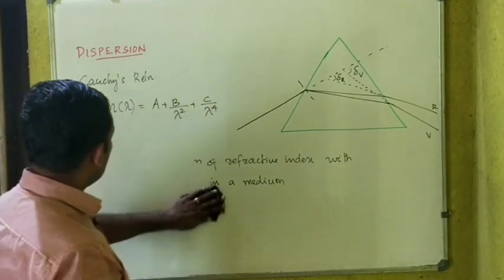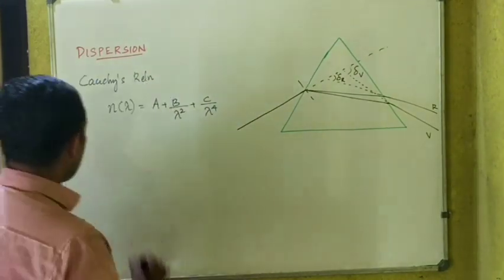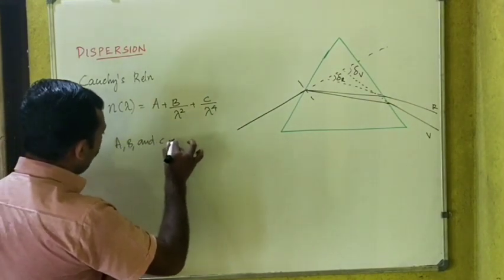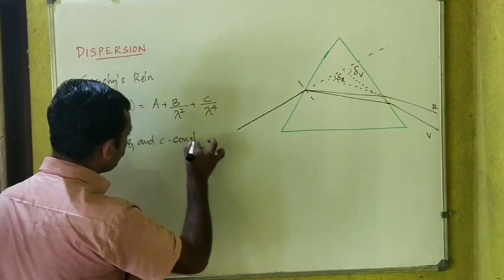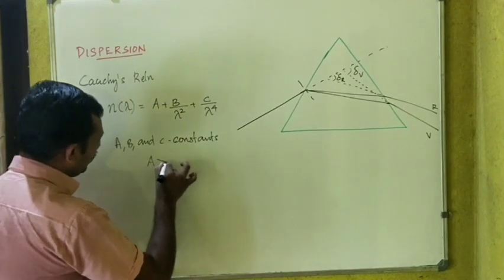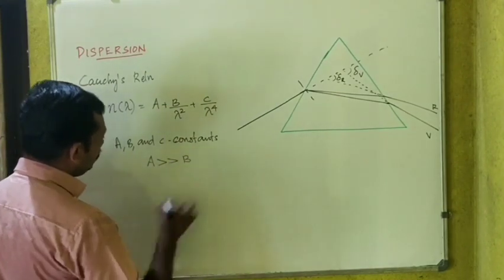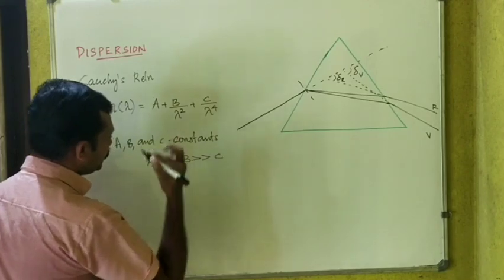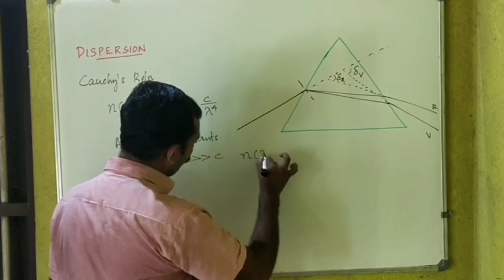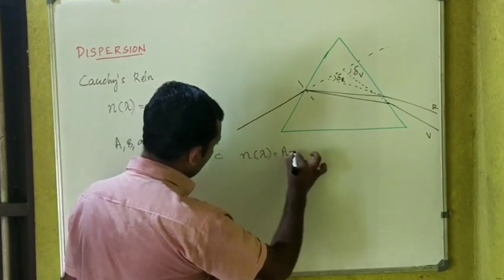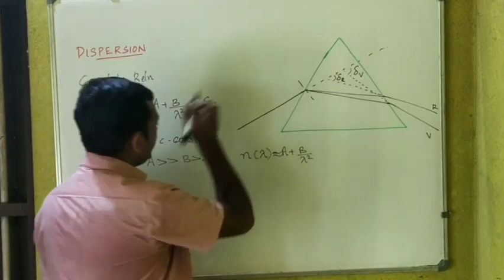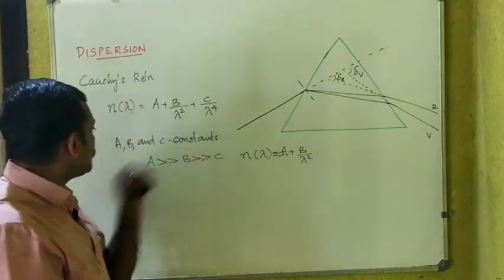In this formula, A, B and C are constants such that A is much greater than B, which is much greater than C. Approximately, Cauchy's relation n of lambda is given by A plus B divided by lambda square, because the third term being very small, its contribution to the refractive index will be negligible.